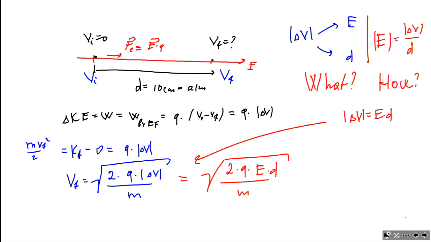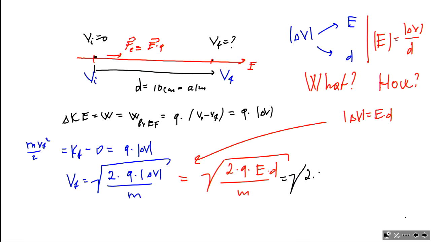And of course, if we would use Newton's law and kinematical relationship between speed and acceleration, we would get the same result. At this point, we need to just what?